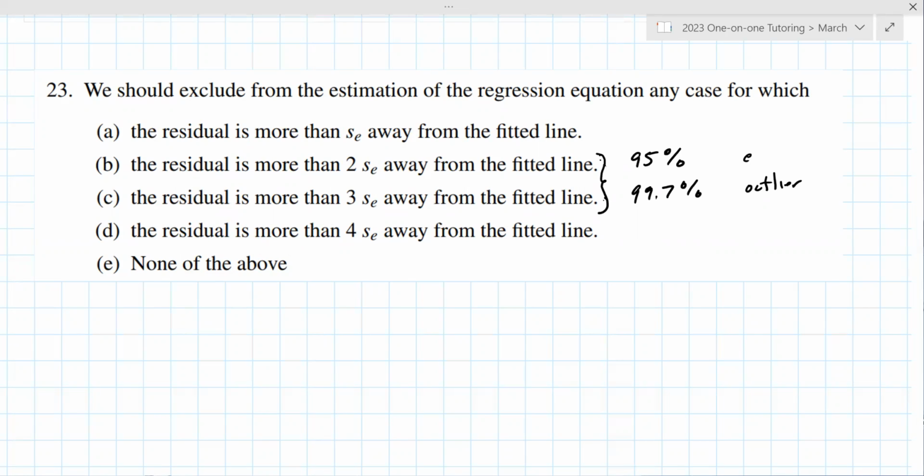The problem is when something's too far away, these points end up manipulating, for lack of a better word, the regression equation, and they often need to be looked at, in real life, for whether there's an error from when this was taken. All right, so let's go to 24.